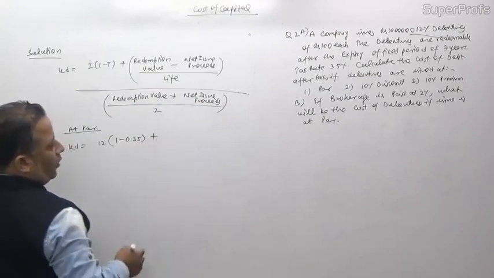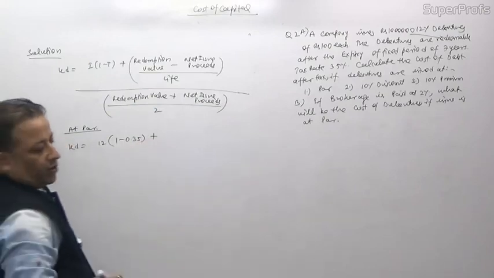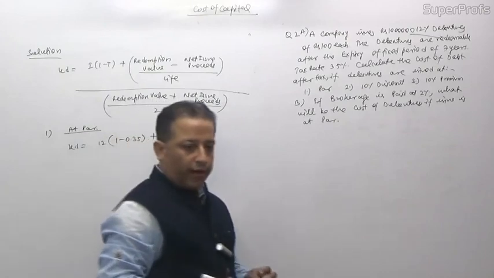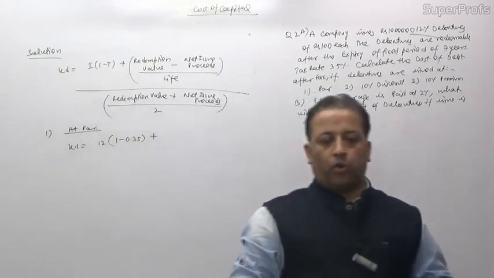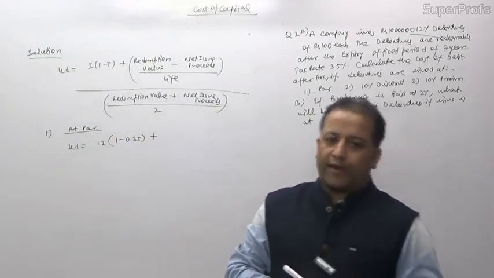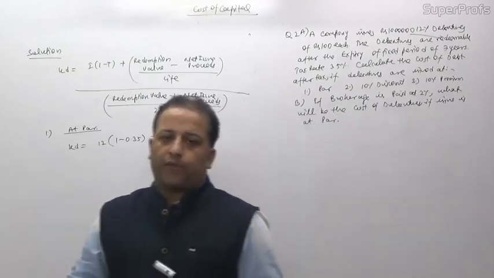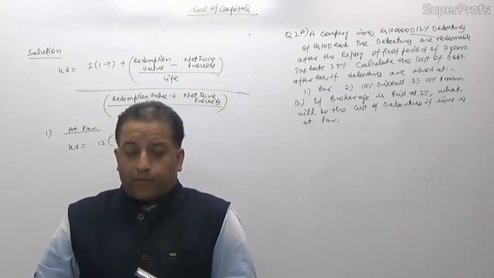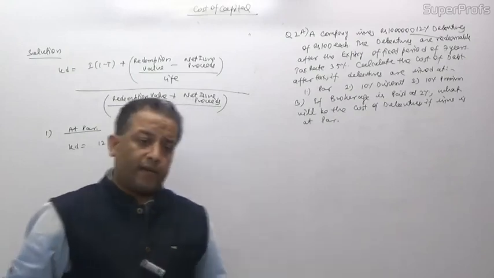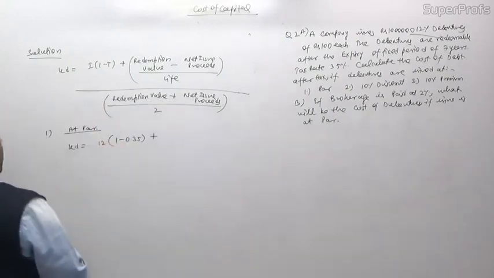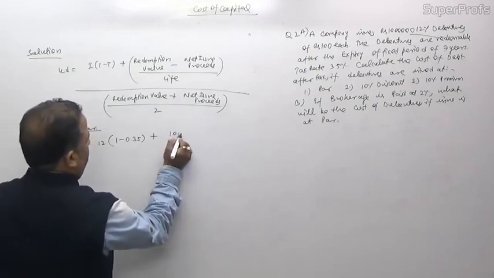No information regarding redemption value is given in the question. So, in the absence of any information, the face value can be taken as the redemption value. So the face value is 100.